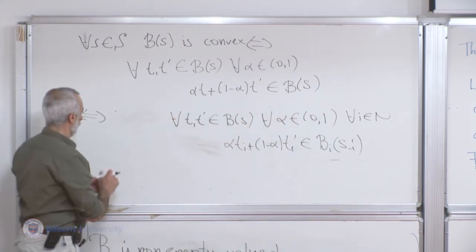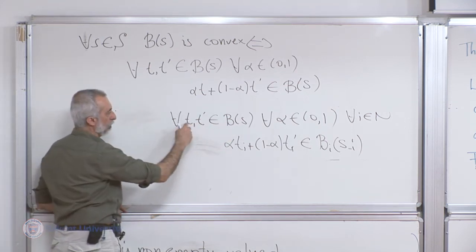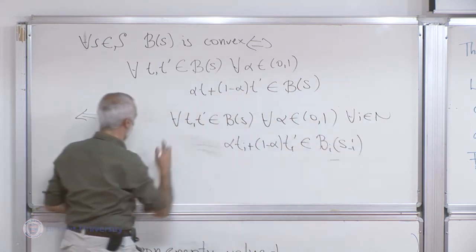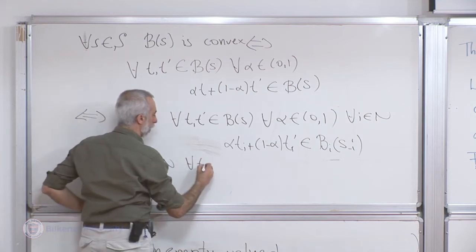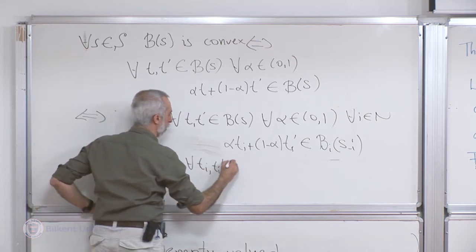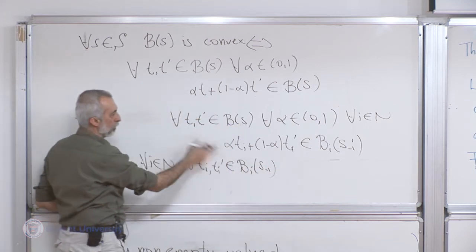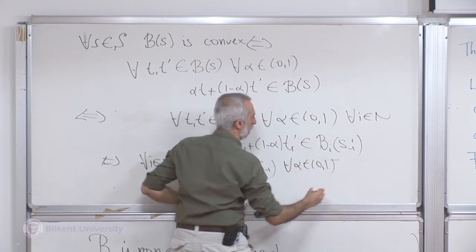But what does this imply? T in B of S implies, so let me move the for all i here, for all Ti prime in Bi of S minus i, for any alpha in 0 and 1.